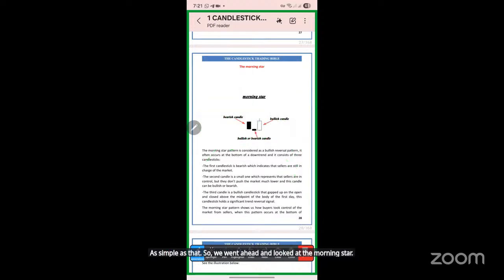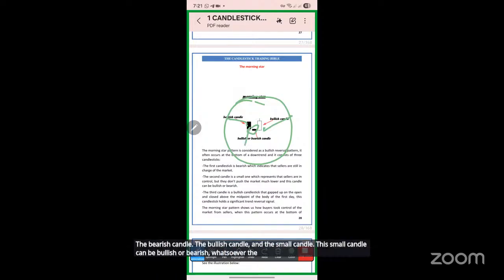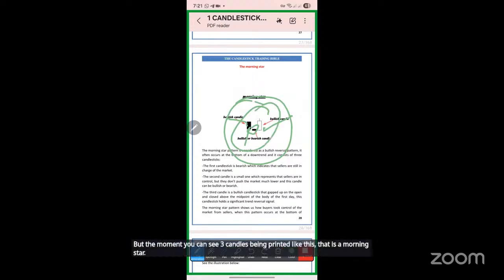We are making a recap of the lessons. We said that the morning star is also a chart pattern. It is made of three candles: the bearish candle, the bullish candle, and this small candle. This small candle can be bullish or bearish, whatever the color. But the moment you see three candles being printed like this, that is a morning star. Red candle, small candle, green candle.